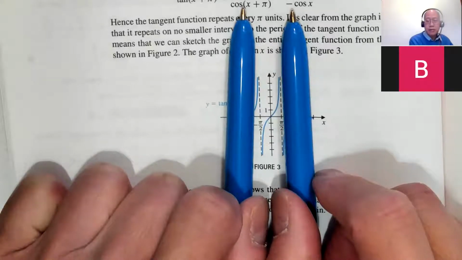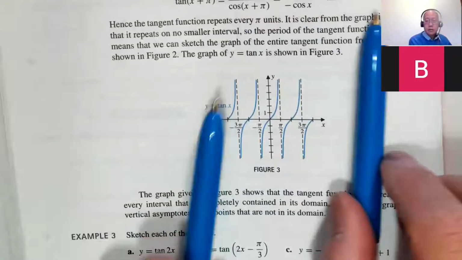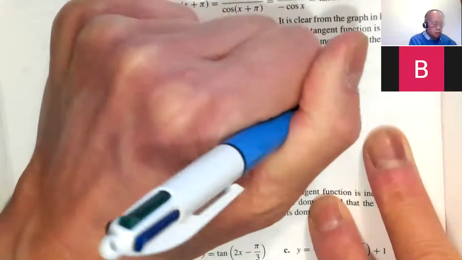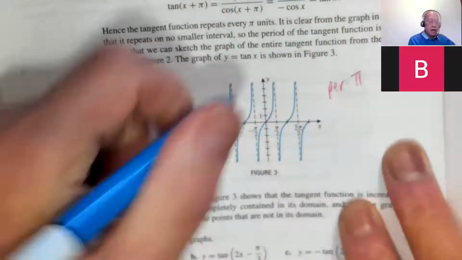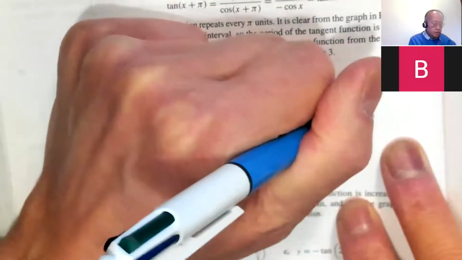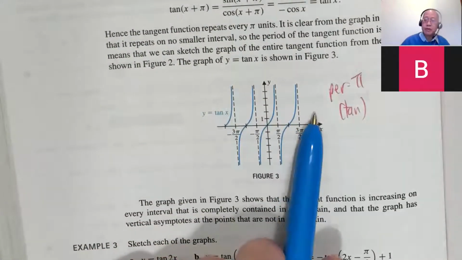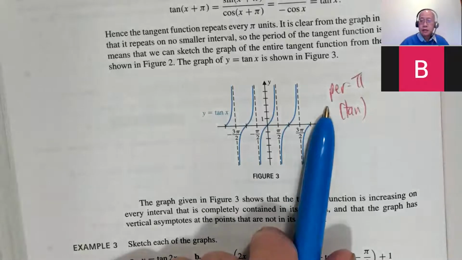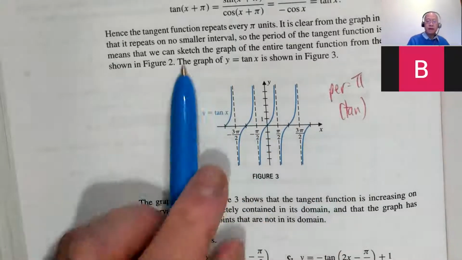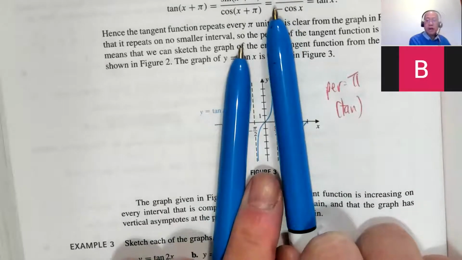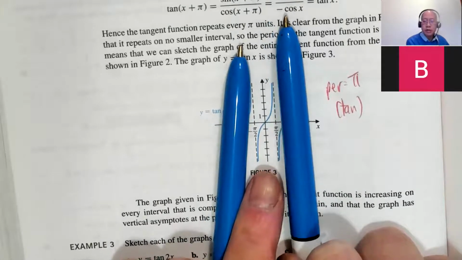That is one period. Notice the rest of the graph just repeats. So the period is pi for the tangent function. Unlike the sine and cosine, which have a period of 2 pi, the tangent has a period of pi. Between negative pi over 2 and pi over 2, that's pi units.